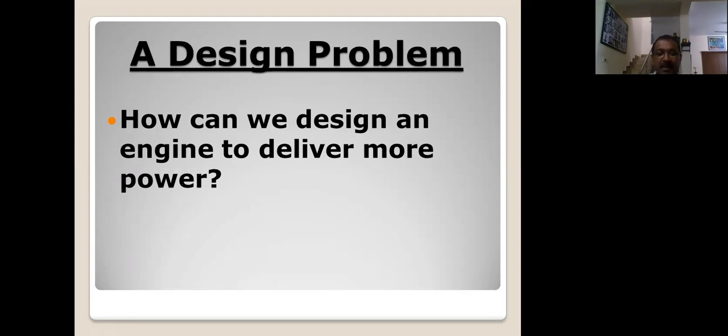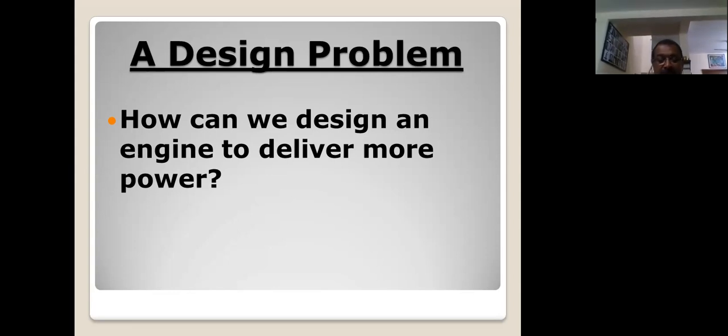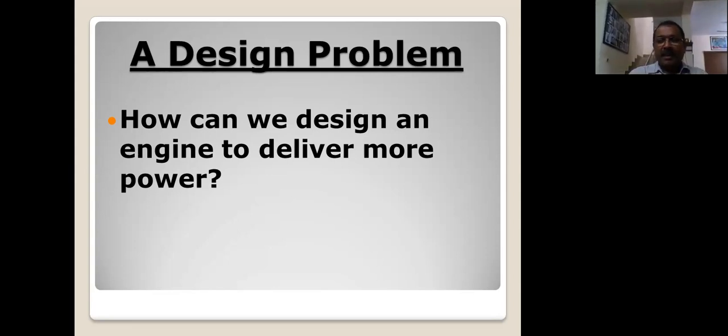So there is a design problem for you. With this, I am stopping today's session. I had designed this diesel engine topic as a two-day session, allotting two days for completing this portion.